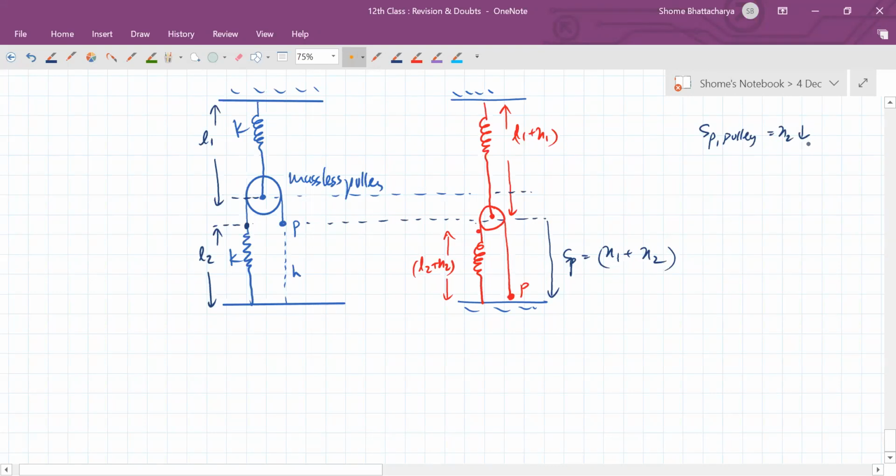Not 2x2 downwards, it's just X2 downwards. And the displacement of the pulley itself is X1 downwards, sorry, 2x2. Plus x1.